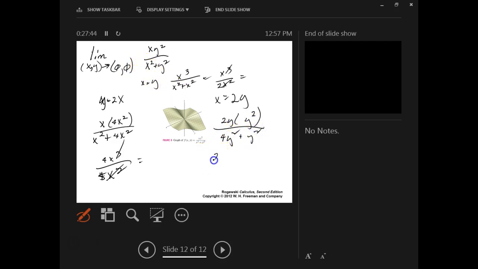But again, you get 2y cubed over 5y squared. And that's still, when y is approaching 0, approaching 0. So it sure enough looks like that's approaching 0 no matter where you go. Even though this is undefined at x equals 0, however you do it, it appears you're approaching 0.